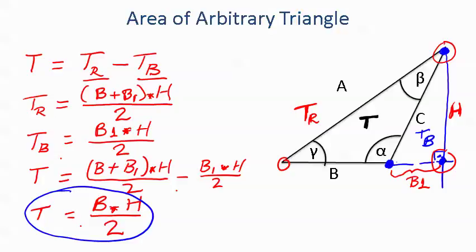The question, though, that arises is: what is this perpendicular height H? We do not know that. However, given the analysis that we have performed before, we should be able to evaluate H. So let us go ahead and see how to evaluate H.